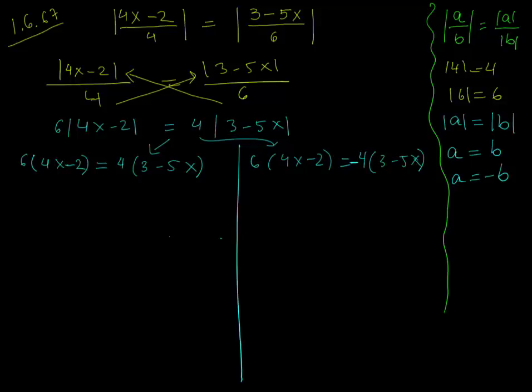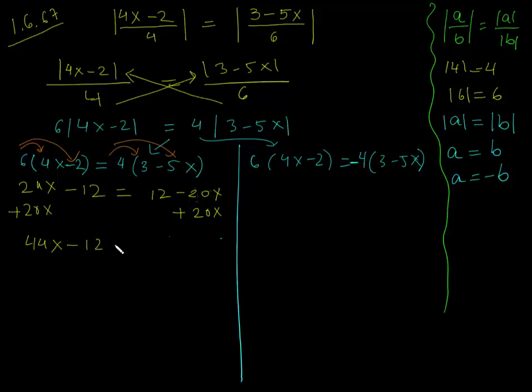After that it's really simple. You're going to use the distributive law throughout in all the expressions, right? So you get 6 times 4x is 24x minus 12 equals 12 minus 20x. Because we are solving for x, we want to move the 20x to the other side. That means add 20x to both sides. So you get 44x minus 12 equals 12.